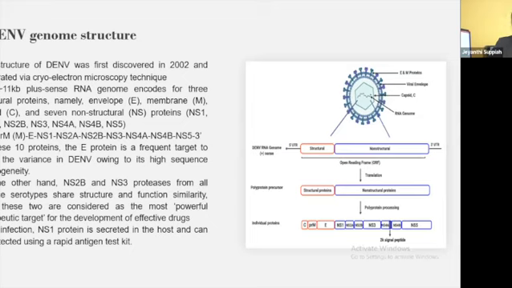So these two are considered the most powerful therapeutic targets for development of effective drugs. As some of you might know, upon infection, NS1 protein is secreted in the host, and that can be detected using a rapid antigen test kit. So it's a good biomarker. To date, we are still relying on this NS1 protein to indicate acute dengue infection.